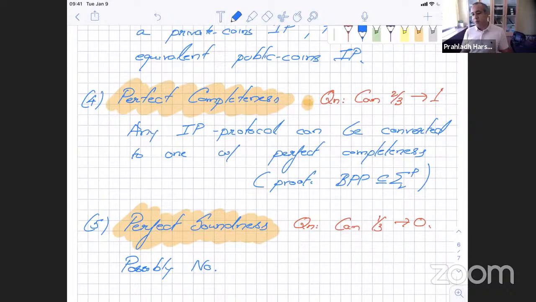Since suppose you were able to make it 0, then in the yes case, the prover can just send the random points that cause the verifier to accept. You can remove the randomness from the whole thing.